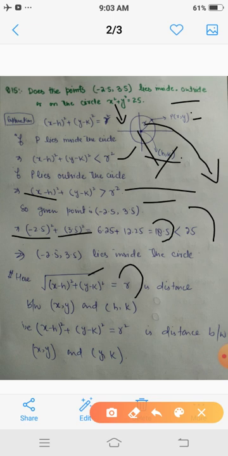So when we square this, we simply get (x − h)² + (y − k)² = r². That is why we are saying that if it is less than r², it lies inside. If it is greater than r², it lies outside. If its value is equal to r², this means that the point lies on the circle.